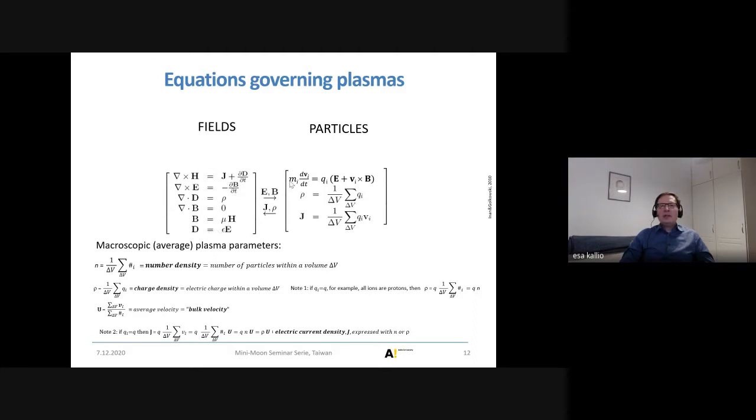When the properties of the particles change, rho and j change, the fields change, the electric field and magnetic field change, then the Lorentz force changes, and therefore the particles are accelerated differently. So in the self-consistent model, this is a feedback, from particles to fields and back from fields to particles. But that's not enough.